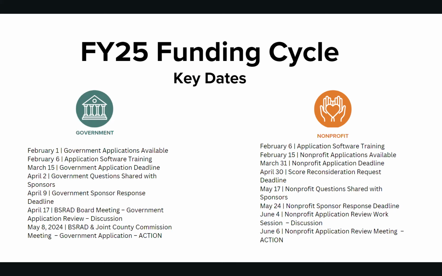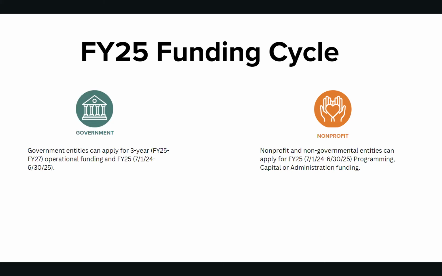Here's all the key dates for the two different application processes that we have open right now. These are all on our website, resorttax.org/funding, but just so that everyone has them front of mind, here's all of the key dates to jot down and make note of in your calendars. The two applications that will be opening, government services opened on the 1st, nonprofit opens next week on the 15th.